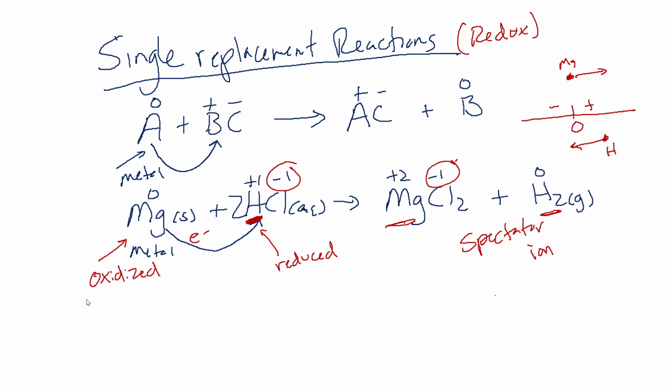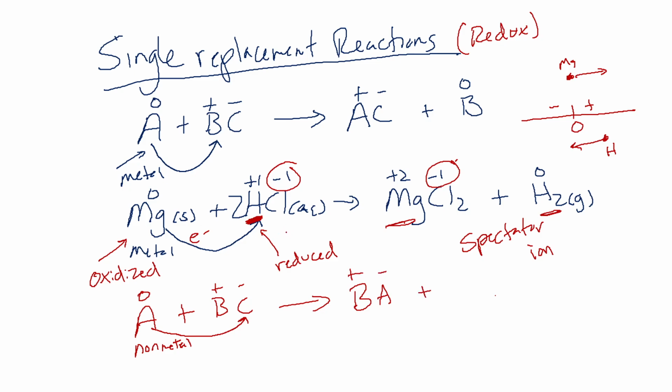Now, you can do this same setup with an ionic compound, and this could be a non-metal too, by the way. And in this case, what will happen is the non-metal has no charge. It will come in and kick out the negative guy if it's a non-metal. It will form a new ionic compound, and the guy that gets kicked out will come out with no charge.